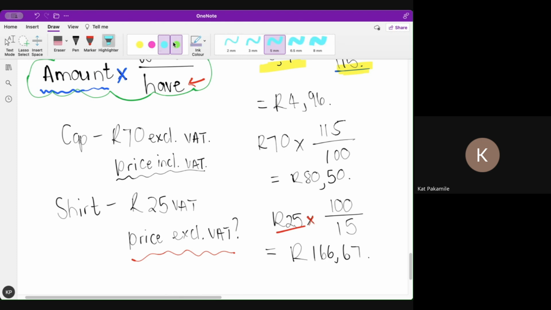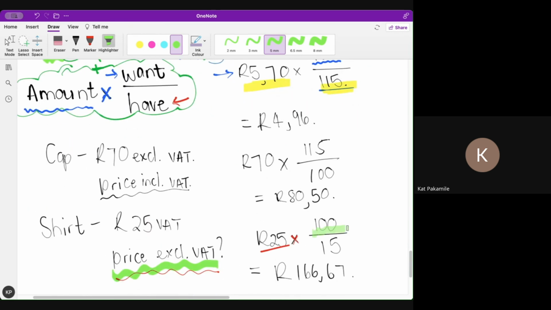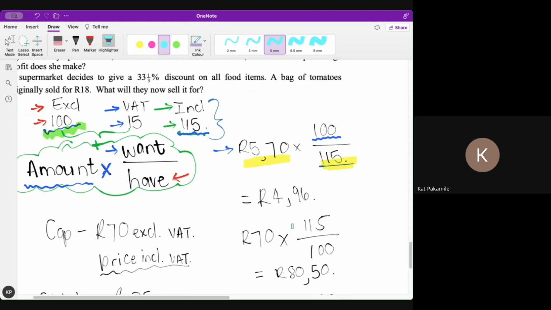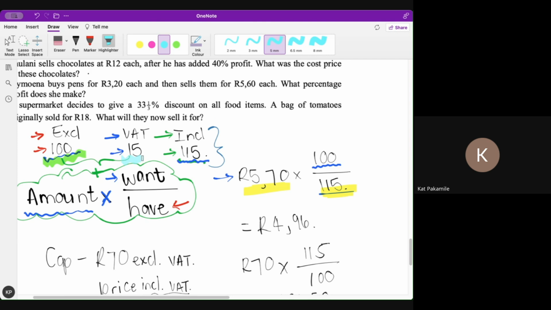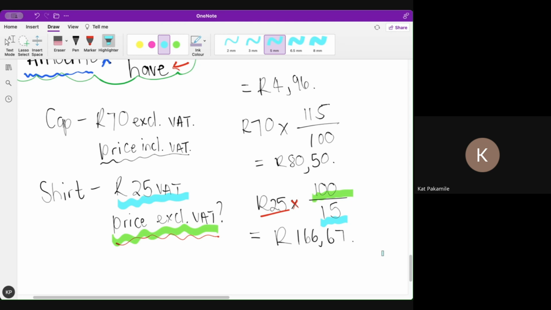My question was, what is the price excluding VAT? I'm going back to the table. The price excluding VAT is 100. So what I want is 100 over what I have, which is 25 rand. And that 25 rand is the VAT, which is 15. You literally put what you want over what you have. Are you with me, Ziva?